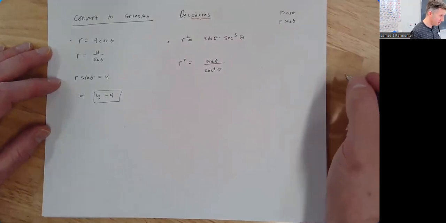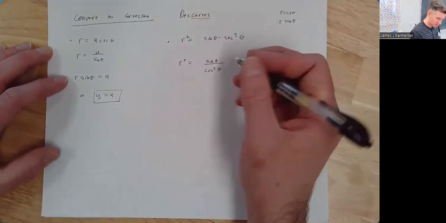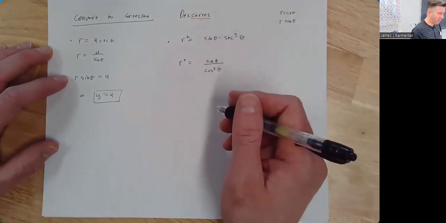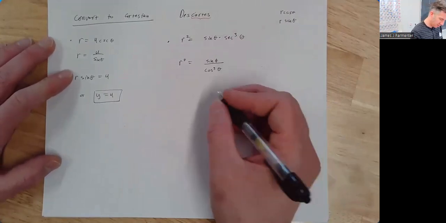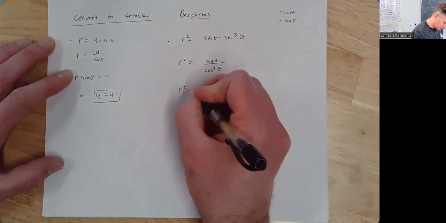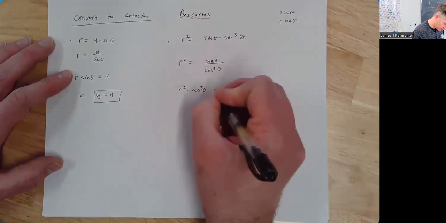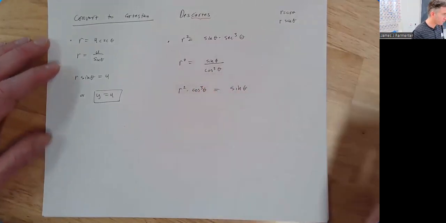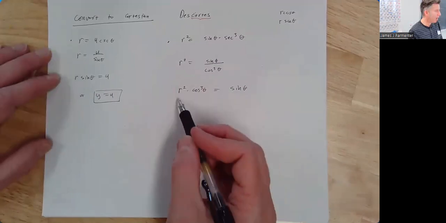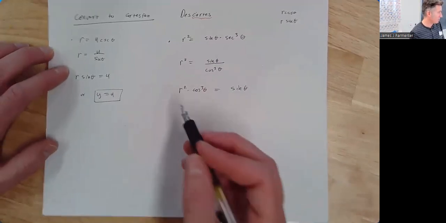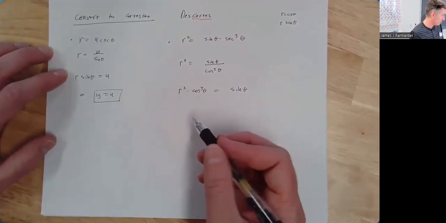And then I'd probably bring the cosine cubed up to the other side. Part of me wants to bring this cosine squared, but I think I'm going to do cosine cubed. You get r squared times cosine cubed theta equal to sine theta. Now, if I had another r over here, that'd be great, because then I'd have r cosine theta times r cosine theta times r cosine theta.